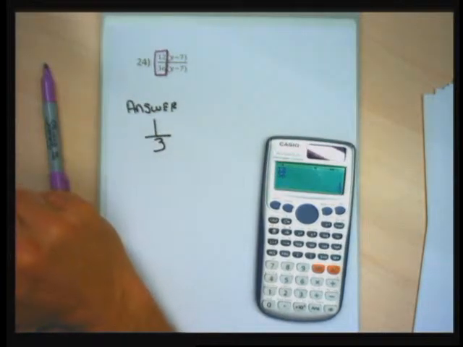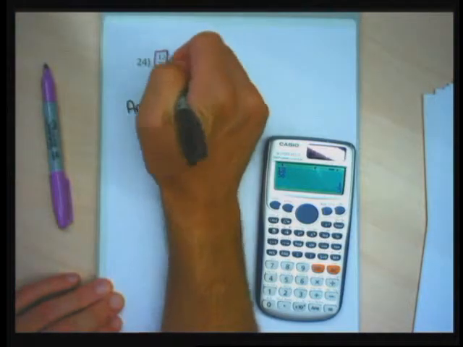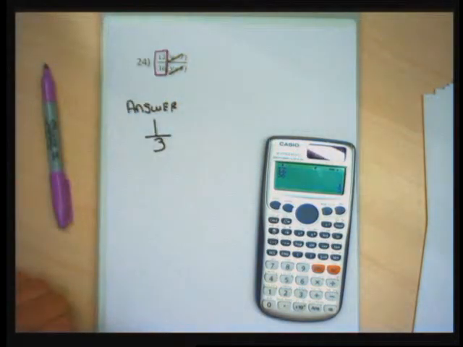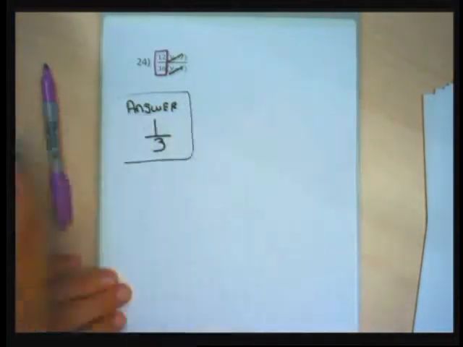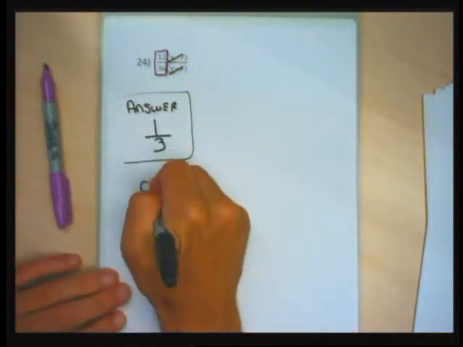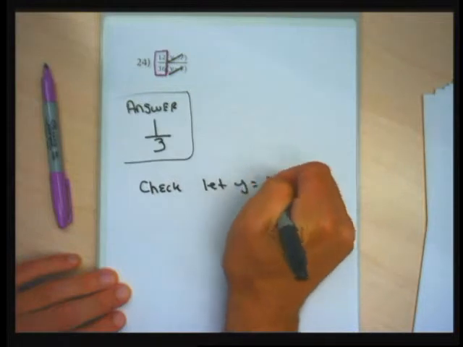It turns out that's all I'm going to have in my answer, because the y minus 7 is identical between the numerator and the denominator, they cancel and they turn into 1s. So I claim that this is my answer. And if I want to check, I need to pick a number for y. Let me say I let y equal 2.